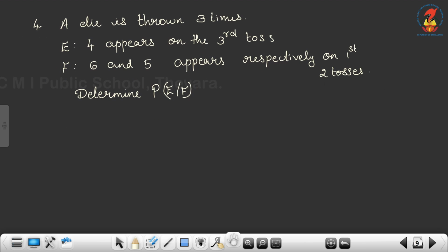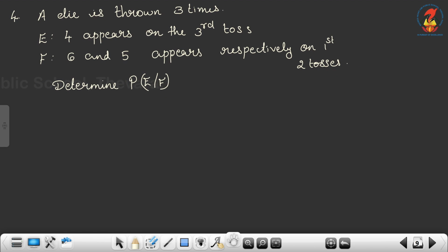So when a die is thrown 3 times, how many outcomes are there? When a die is thrown 1 time, 6 outcomes, 2 times 6 into 6, 36. So 3 times means 6 into 6 into 6, that is 216 outcomes. From that it is not possible to list everything. So we just write the sample space, you can put etc. and write.